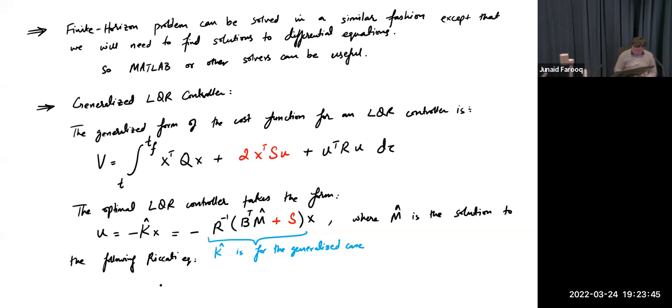So that equation becomes minus M hat dot equals M hat A bar plus A bar transpose M hat, and then minus M hat B R inverse B transpose M hat.